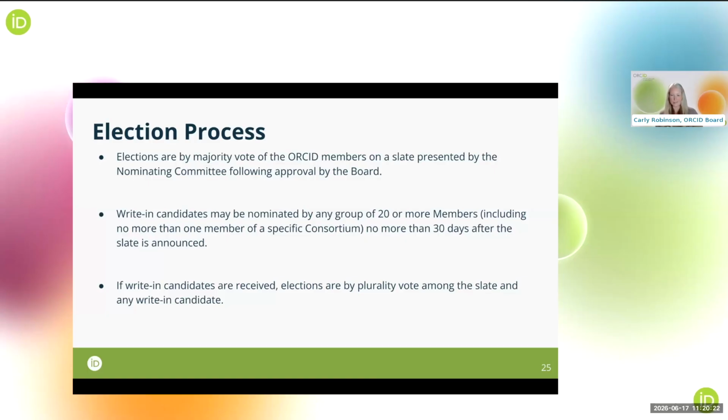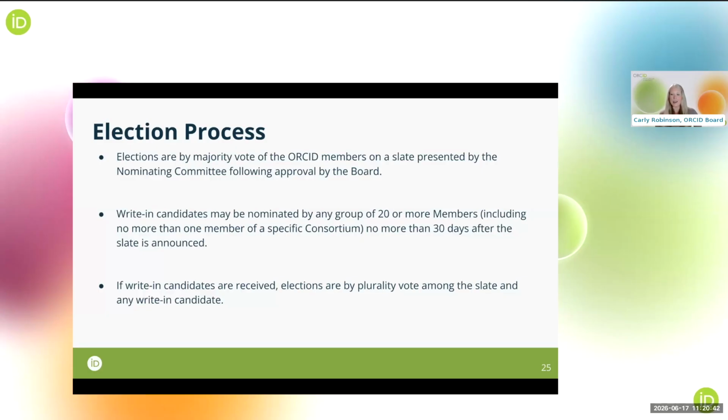But I also wanted to mention a part of the process that's included in our bylaws that puts forward a way to nominate someone who is not included on that slate. So this provides an opportunity for write-in candidates to be nominated for election.